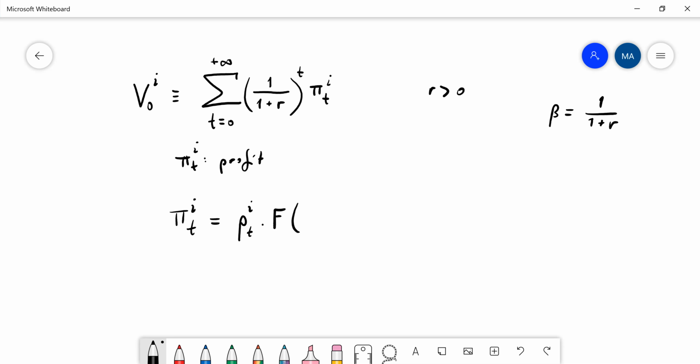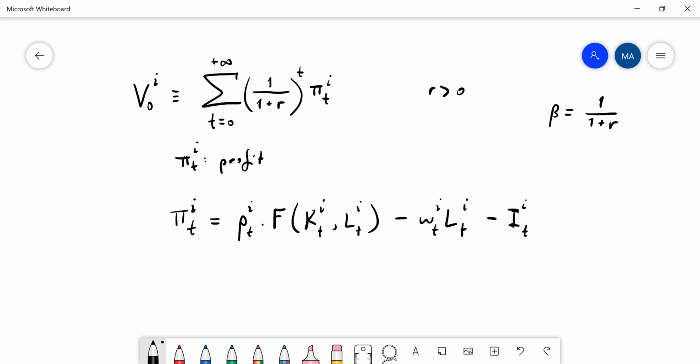Let's say production depends on capital stock and the labor that is employed by the firm. Then there will be, of course, the payment for labor. Let's say this is payment for labor. And then the firm will make an investment expenditure.